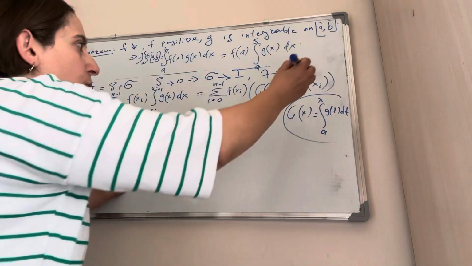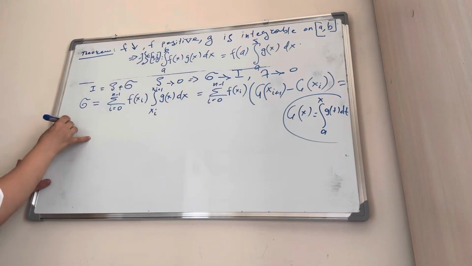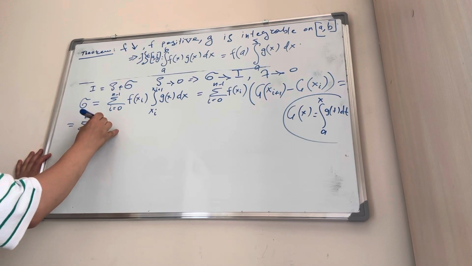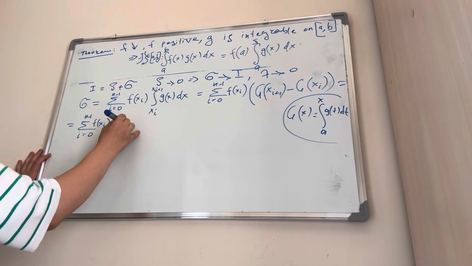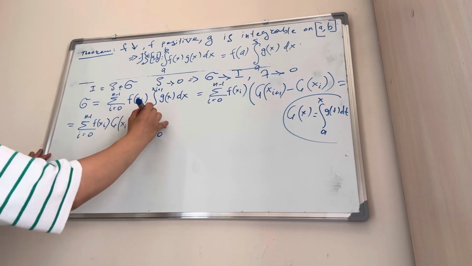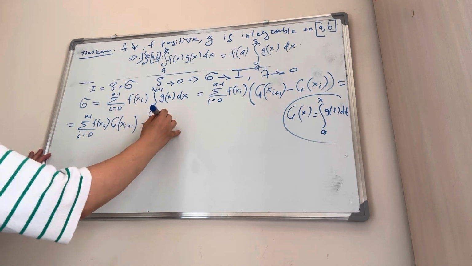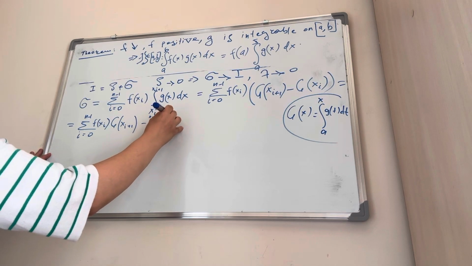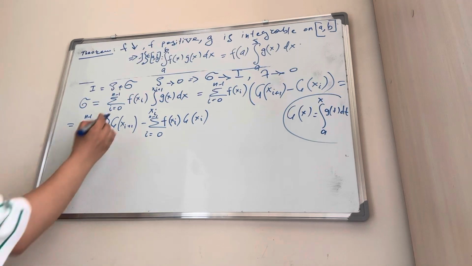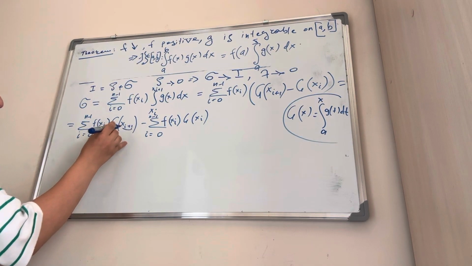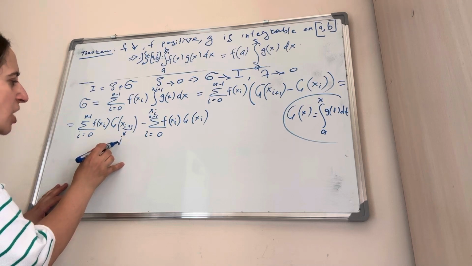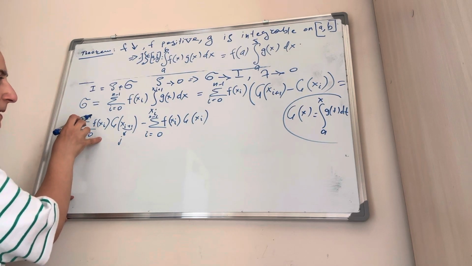Now, this equals the sum, i changes from 0 to n minus 1, of f at xi times G at xi plus 1, minus the sum, i changes from 0 to n minus 1, of f(xi) times G(xi). But here the index i plus 1 will be denoted by j, and this means that j will change from 1 to n.